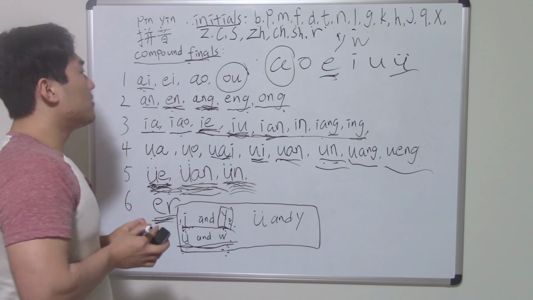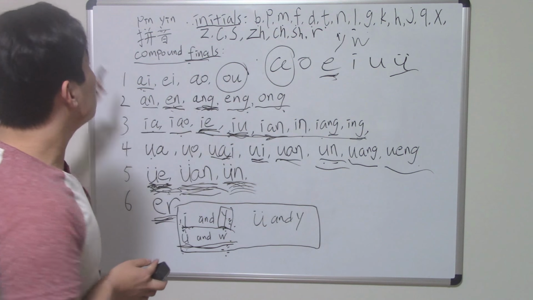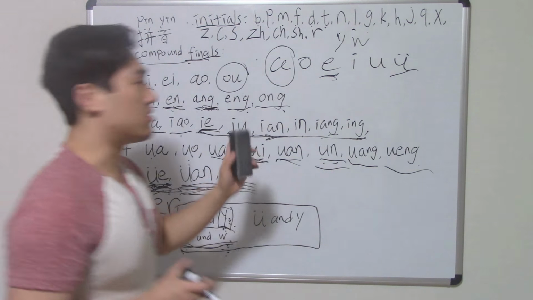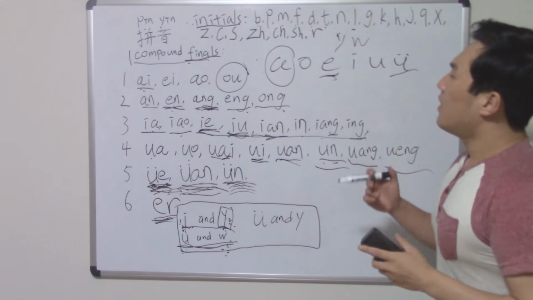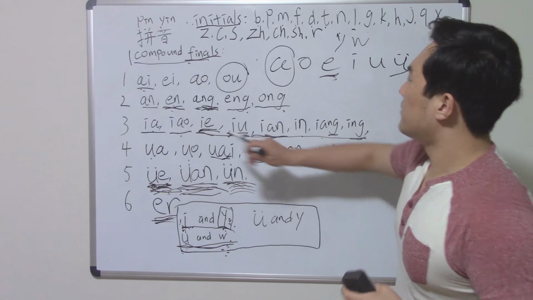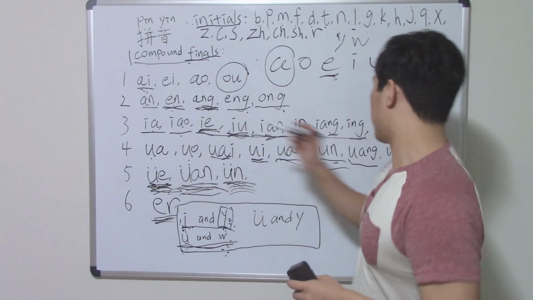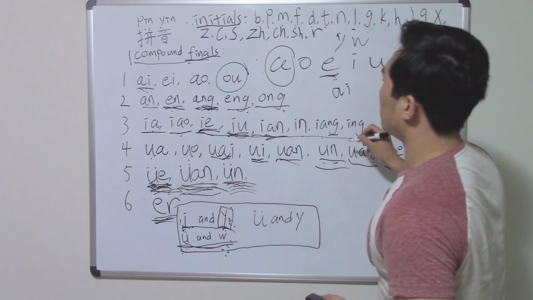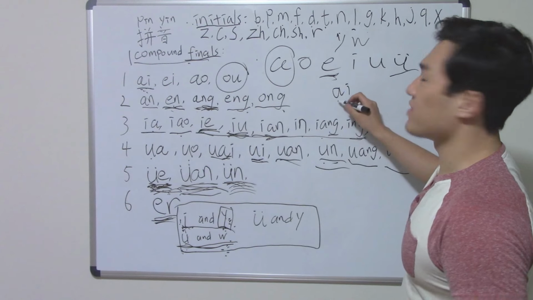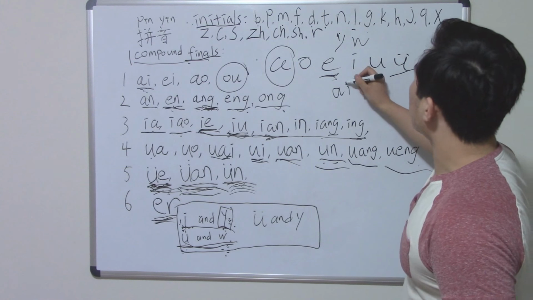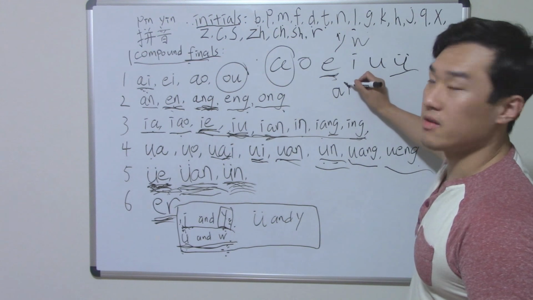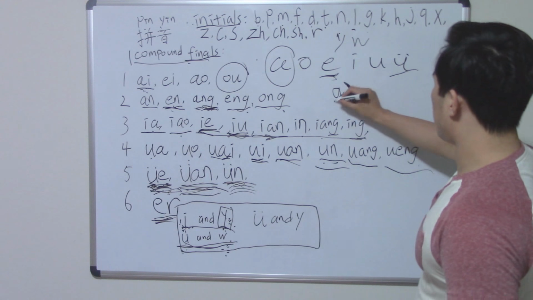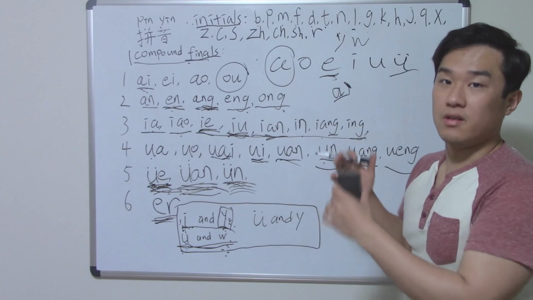Okay, so that being said, when it's just compound finals by themselves, let me give an example here actually. So let's say this one here, AI, okay, so it would be just AI, right? Chinese, they pronounce it ai, I'm gonna talk about that in the future. This one right here can just by itself represent a character.